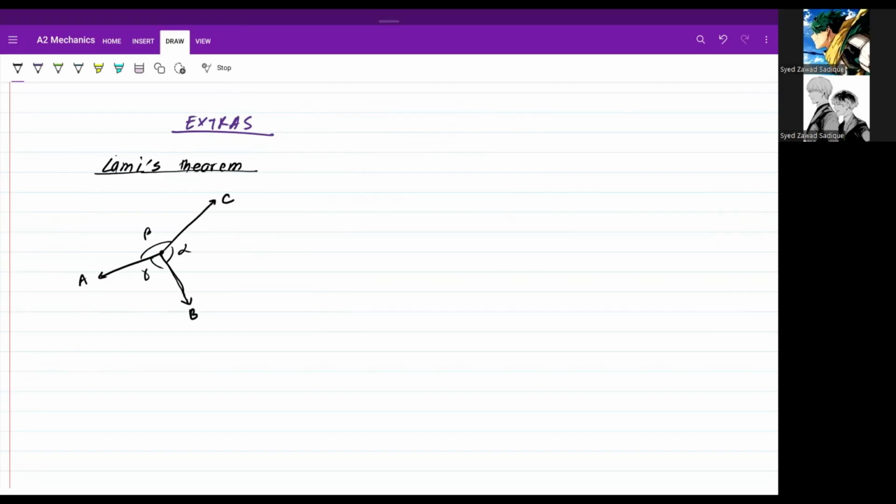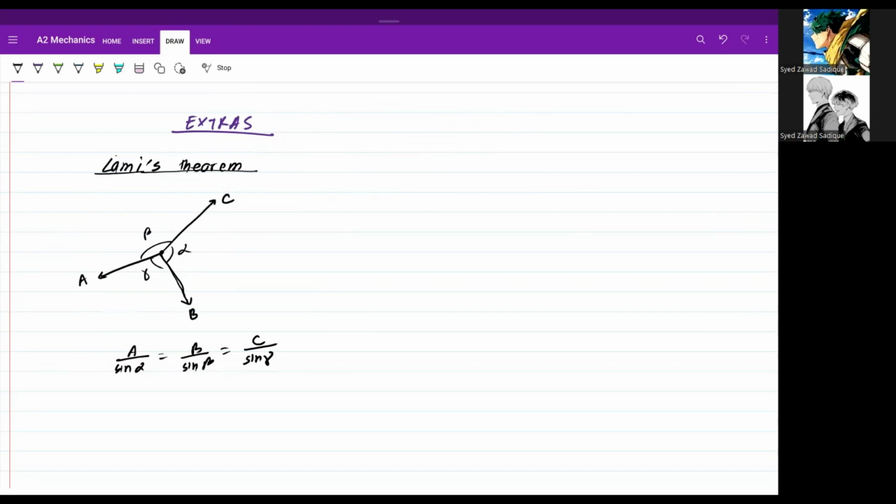Now, the general rule is A by sine alpha equals B by sine beta equals C by sine gamma.